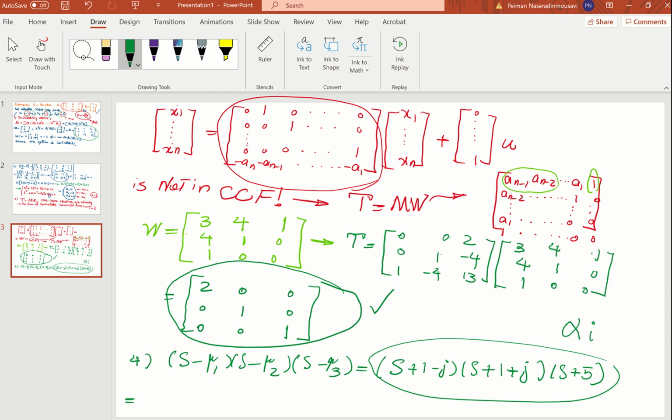So this is going to be s squared. Plus 2s, because you know from linear algebra that a minus a in s plus a gives finally what?